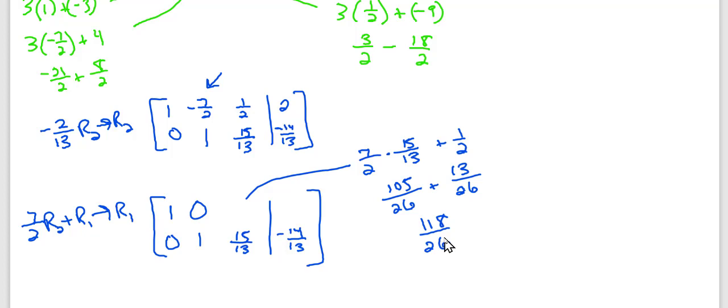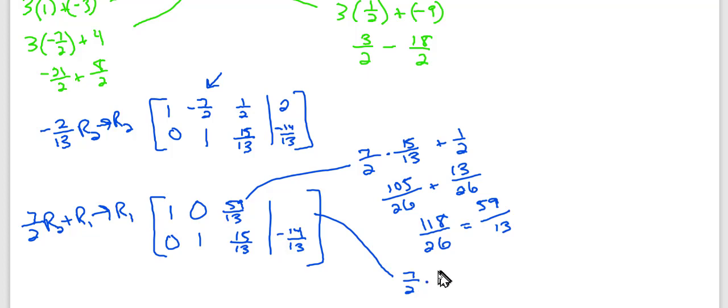That doesn't happen to simplify, does it? Let me check. They're both even, so it's definitely going to simplify, but it's a yucky decimal when I throw that in my calculator. But I can divide both of them by 2, and that is 59/13. Geesh, who wrote this problem? Goodness. Okay, last calculation, I promise.